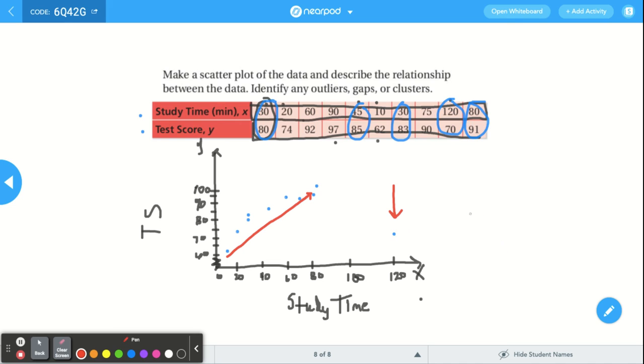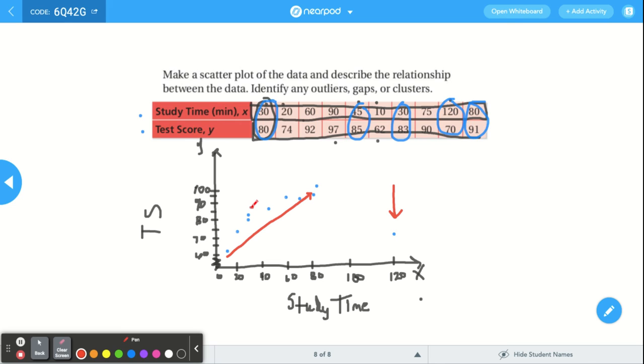Okay. I don't really see very many gaps in our information. There's not like a huge gap there. Everybody's kind of in between this 30 minutes to 60 minutes of studying. So I don't see any gaps, and I don't see anything clustered.